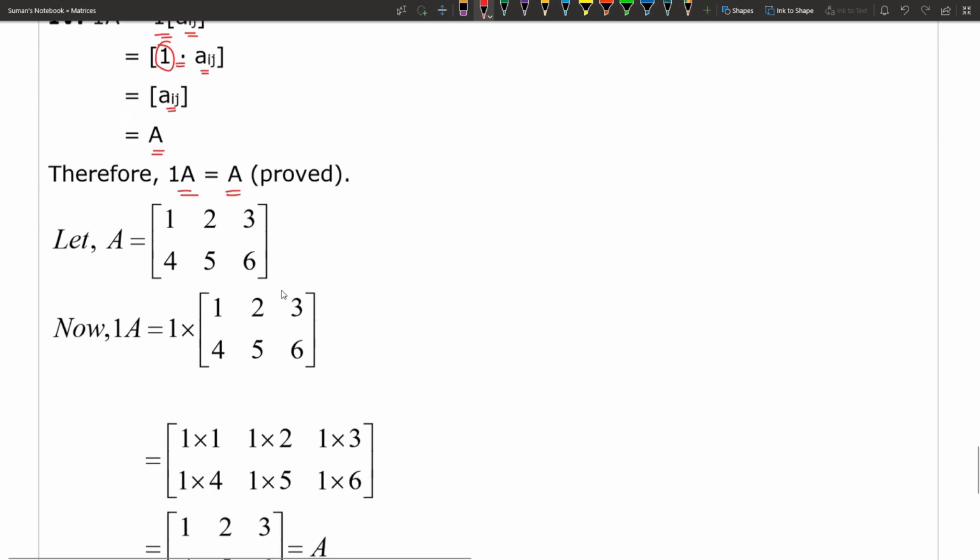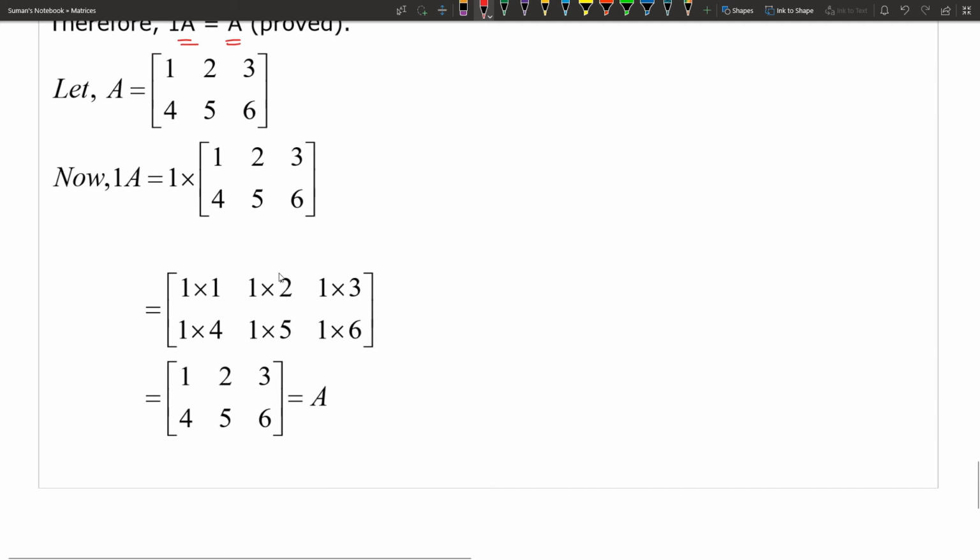Let's check the property with a problem. Let we have A is equal to 1, 2, 3, 4, 5, 6, that is 2 cross 3. Now we are multiplying the scalar 1 with the matrix A. According to the scalar multiplication, we have to multiply the 1 with each and every element of the matrix.